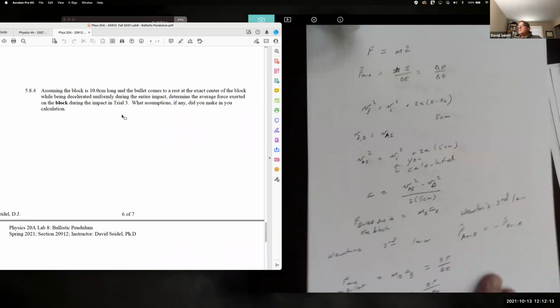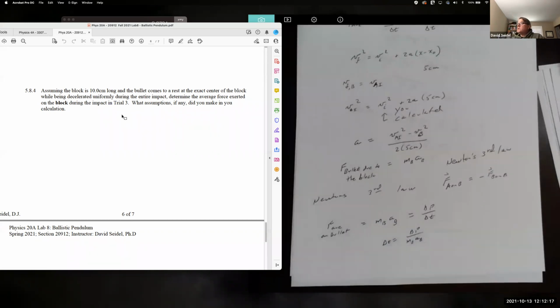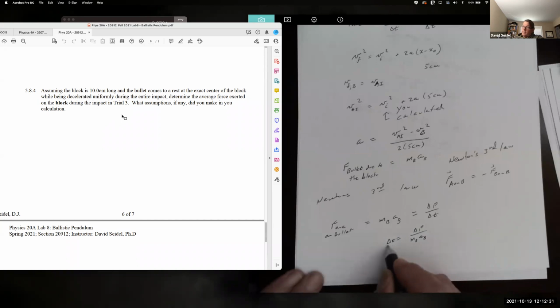Okay? So for your own interest, you should see just how fast that event happens. Because the acceleration of the bullet is going to be quite high. So you're going to find a small number here.